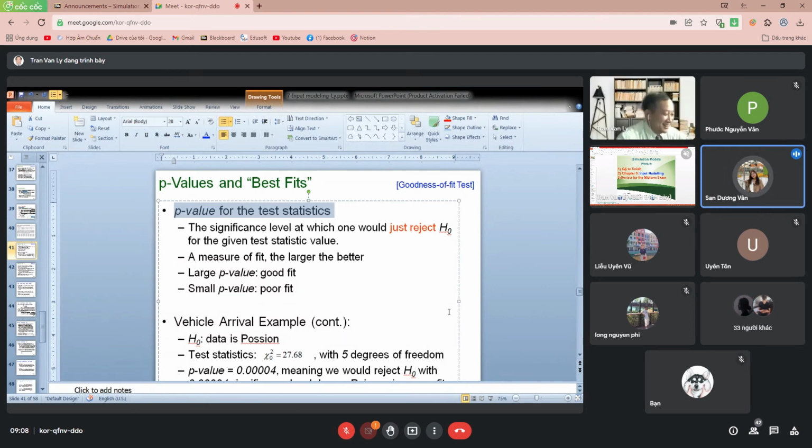Because the bigger the p-value, the higher the percentage, so I think it is better. Higher percentage of what? Rejection or acceptance? Higher percentage of acceptance, I think.